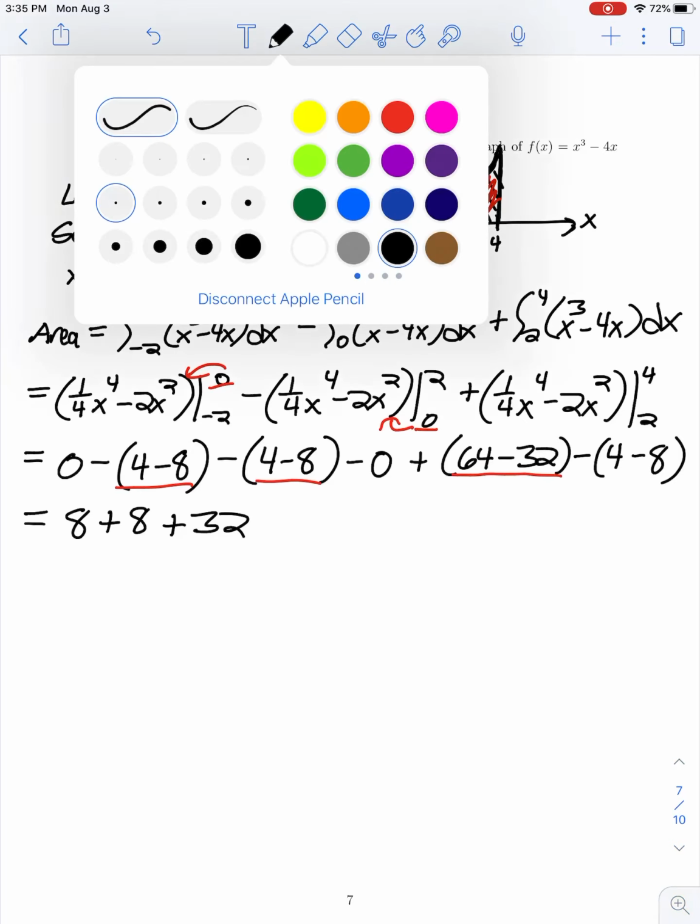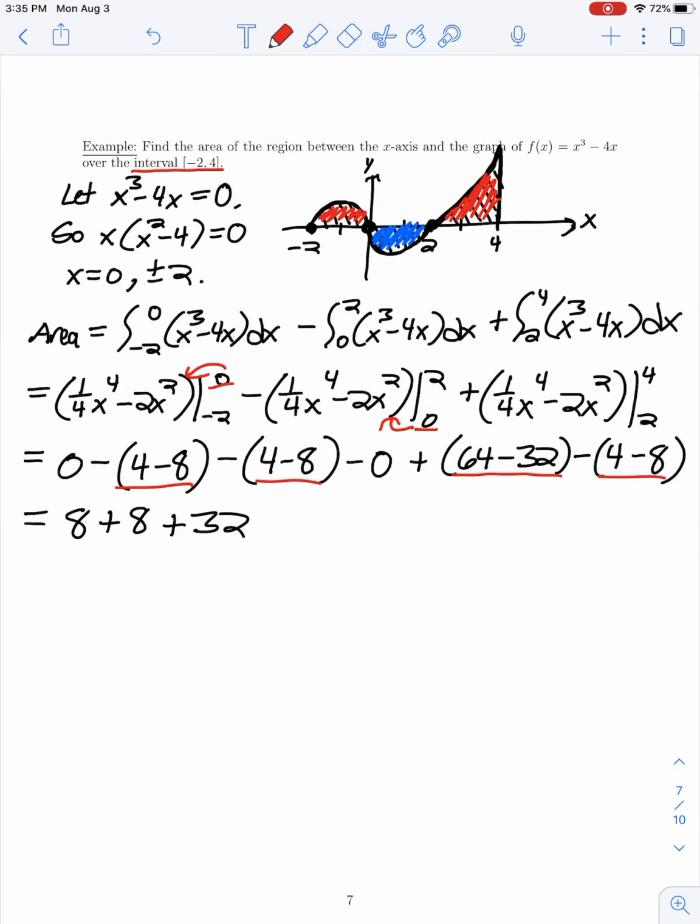And on the end, we are, again, subtracting a -8, which is the same as adding 8. So here we have 32 plus 3 times 8, which is 24. So altogether we have a value of 56 that we're left with.